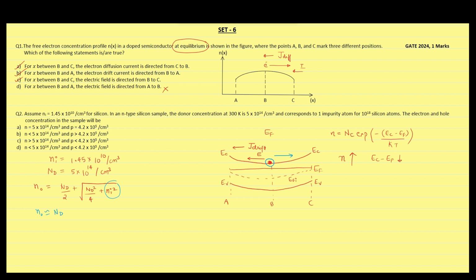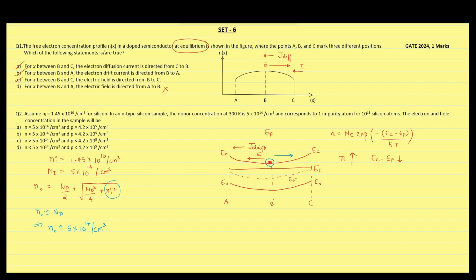Here, if we had ignored the intrinsic carrier concentration, we would get free electron concentration equal to 5 into 10 raised to the power 14 per centimeter cube. But the exact value will be slightly greater than this value.